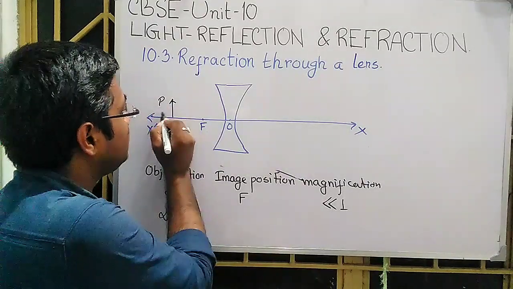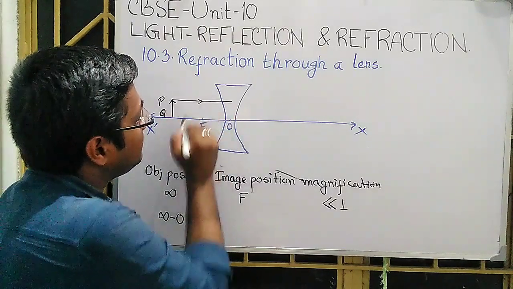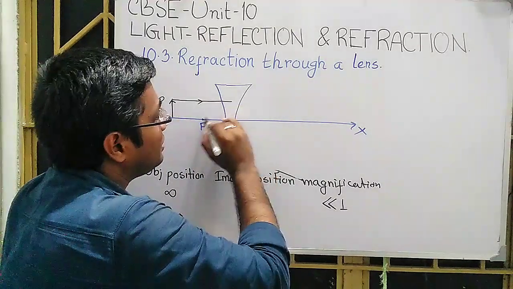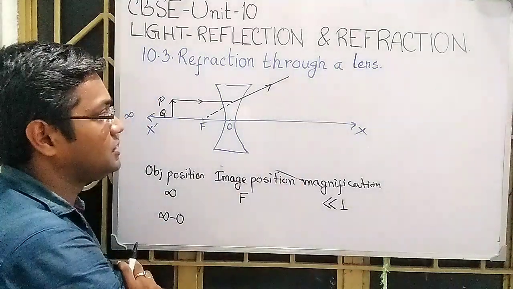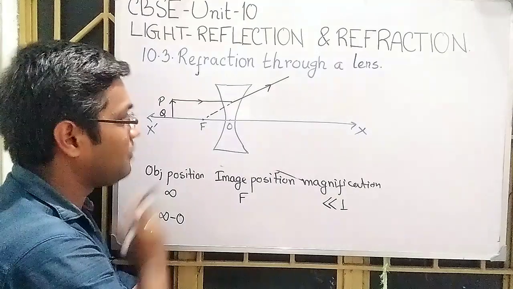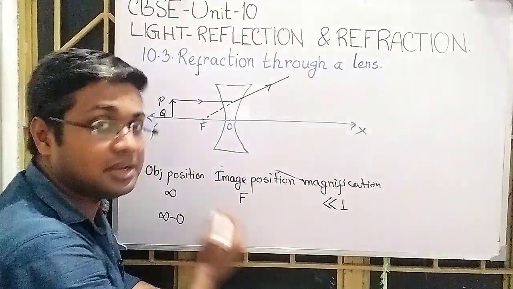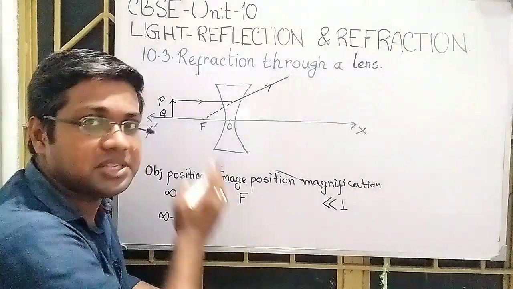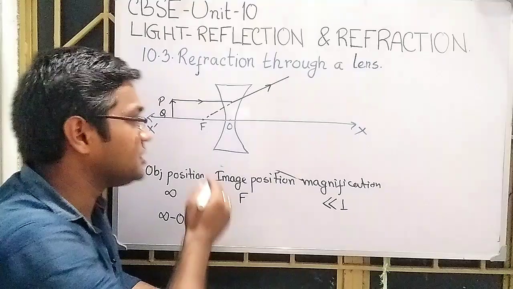Let us say the object is here. Light coming out from the point P, after refraction, passes through the focus. This is the first one, following the first rule of image construction. And another thing is that if I send a light ray through the optical center, it will pass without any deviation.